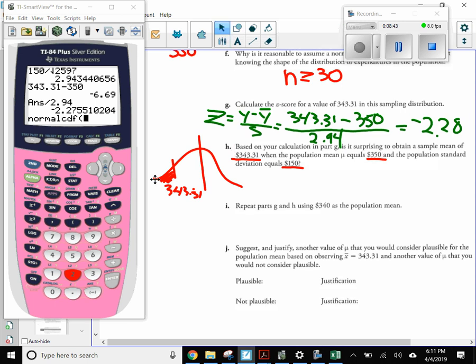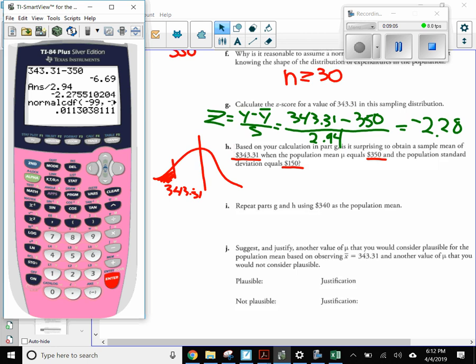So I'm going to go negative 99, and I'm going to put in my z-score as my right boundary, negative 2.28. I'll close my parentheses, and I find out it's just a little over a 1% chance that I would have gotten that random average. So like a 1.13% chance. That's a pretty low probability.